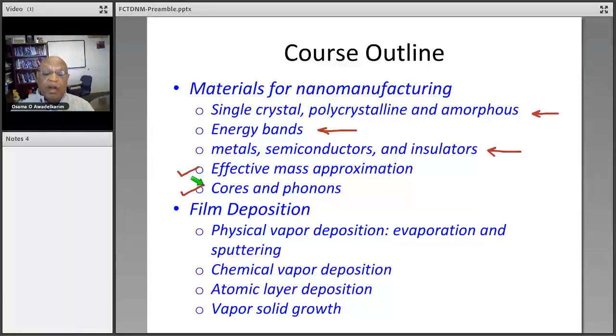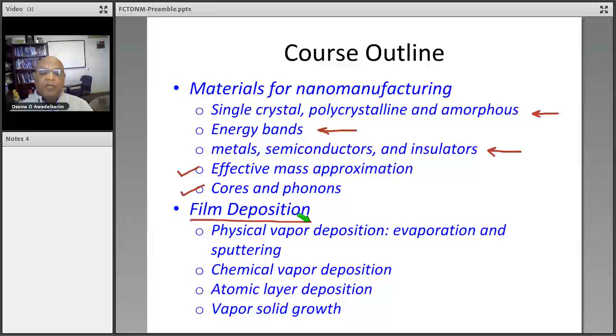Then in the second part of this course, we would look at the first step and perhaps one of three important steps in top-down processes, and that step is film deposition.